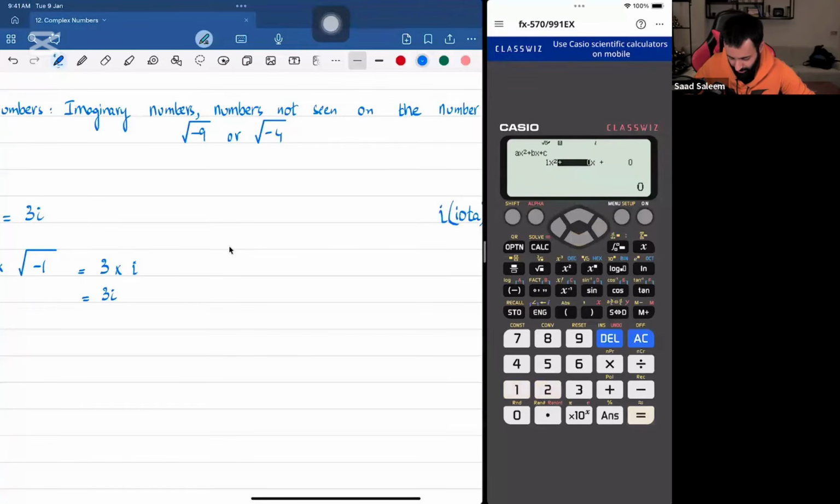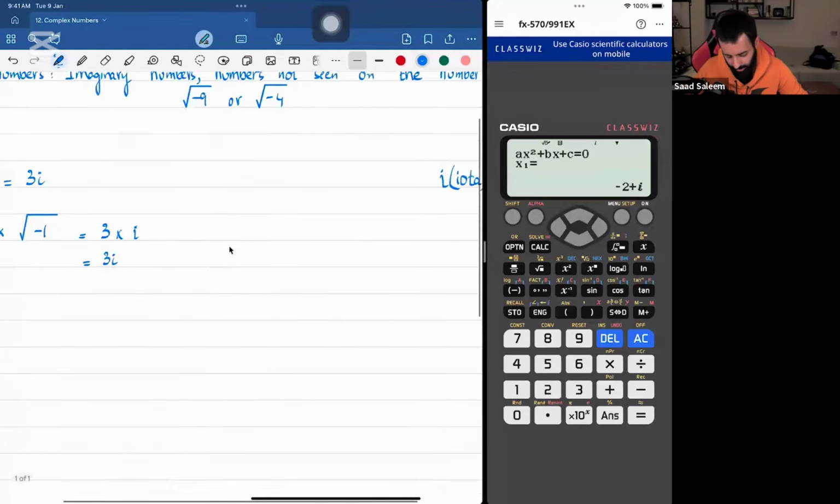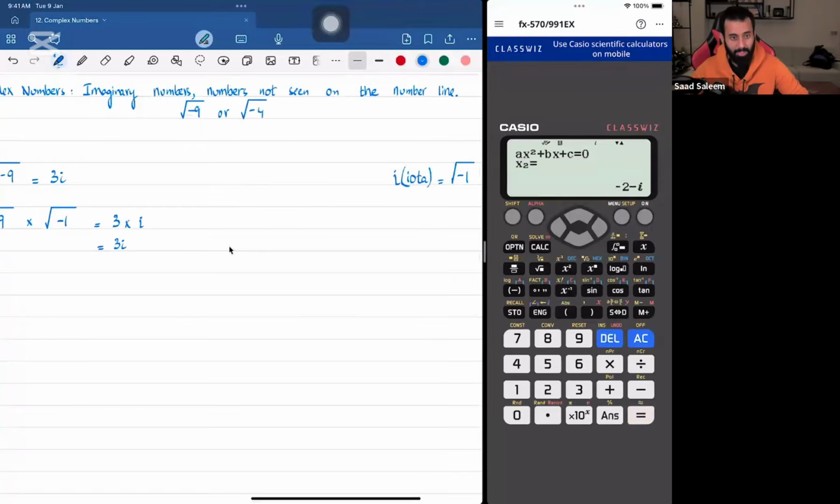Let's say it's x squared plus 4x plus 1. So if you solve this, B squared minus 4ac. So let's make this 5. Now what do you see? You see -2 plus iota, and then you see -2 minus iota.